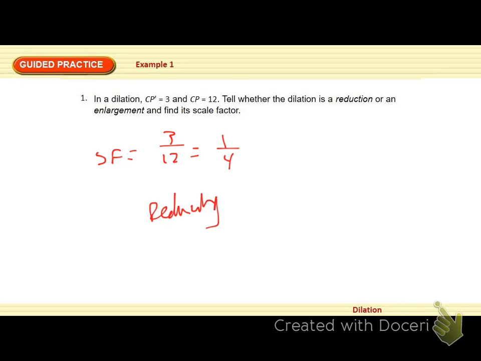So in order to see that, there's a file in the module that says Dilations Grid. You need to download that, and you can work through this. Or I'll just show you these two. If you want to just kind of put your pencil down and watch for a second, let me show you what happens when we put this in the coordinate plane.